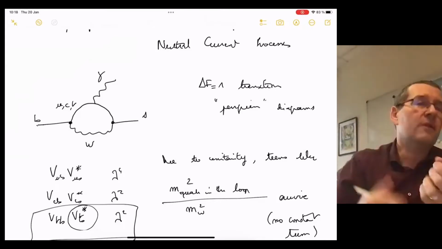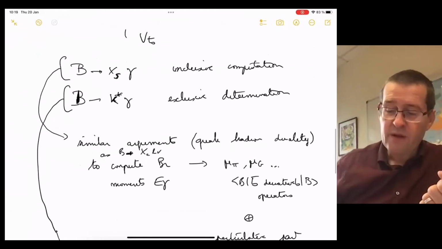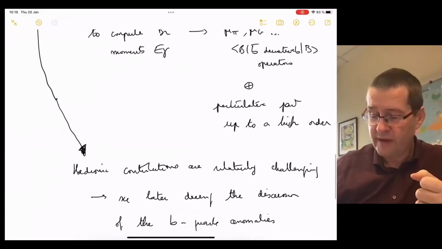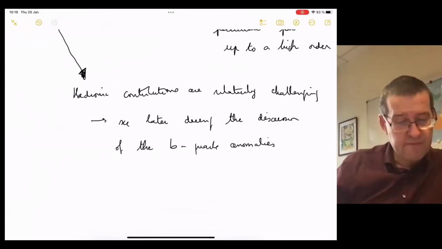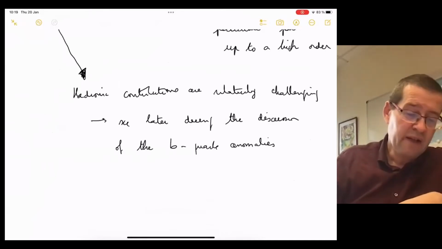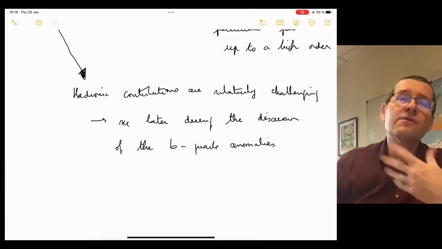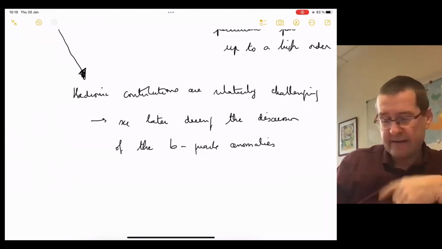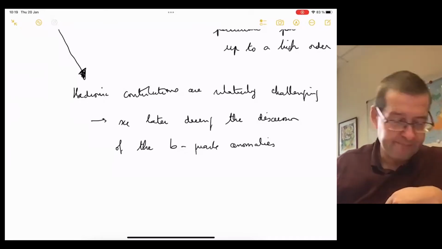It is also a question that occurs for B2S gamma when you're dealing with exclusive determinations. So I will defer the discussion of the issues when you're facing B2K star gamma to the general discussion of B2S LL transitions, and the same element will occur.